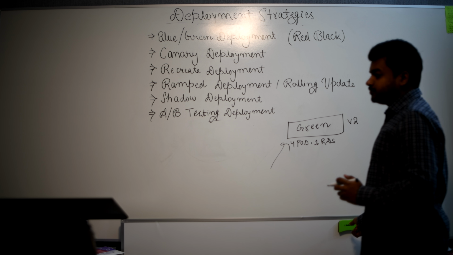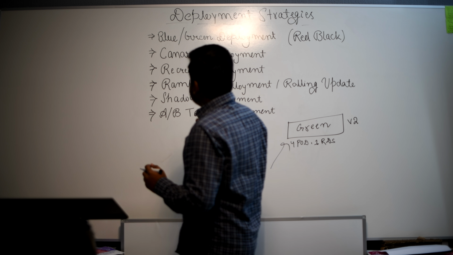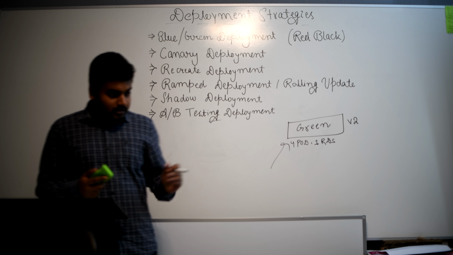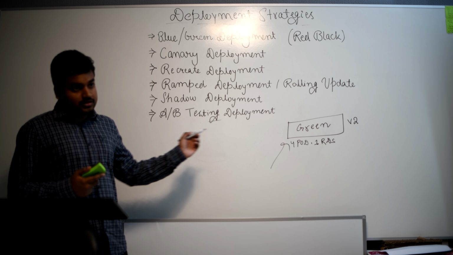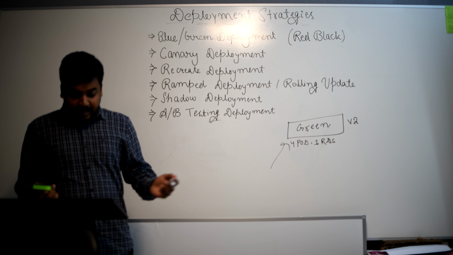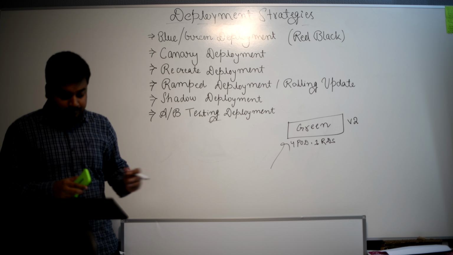So this is your blue-green deployment strategy, and there are 4 steps we followed. One, we deployed the new version, we switched the traffic, we monitored the traffic, and in case of a problem we roll back.